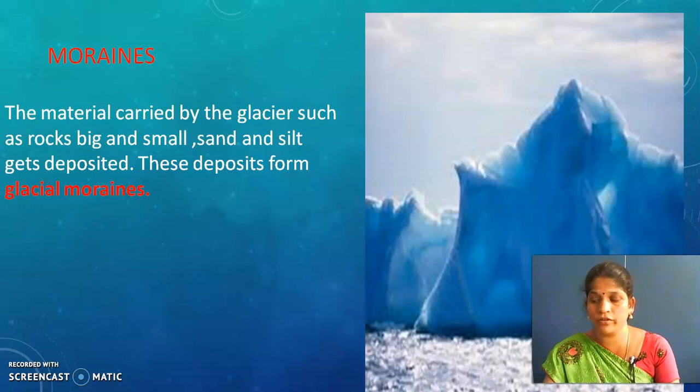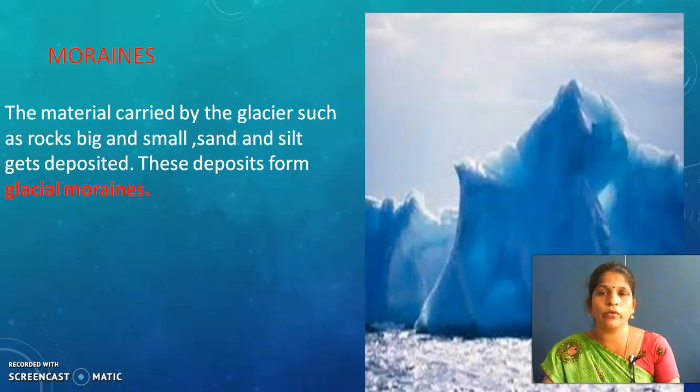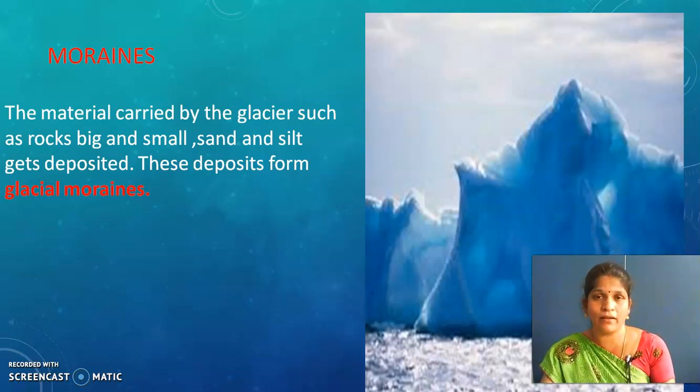Do you understand what glacial moraines are, children? Glaciers means a moving river of ice. At the time of moving, it carries many things as it flows in its course. It carries rocks, which may be small or big.